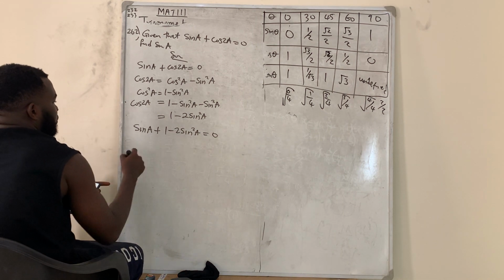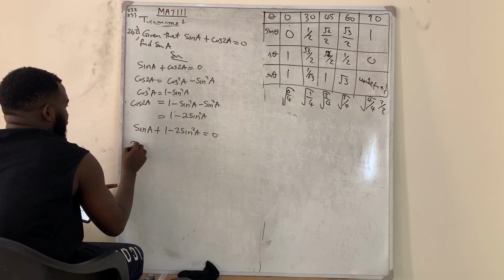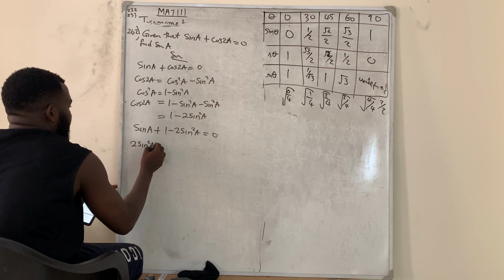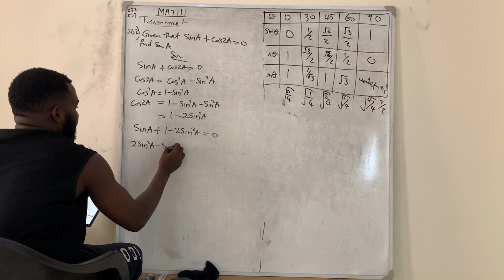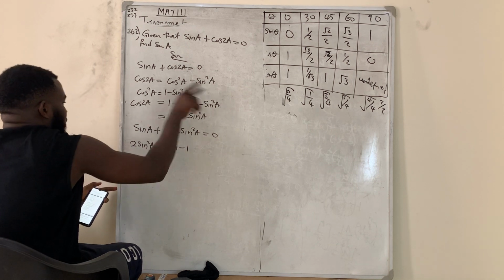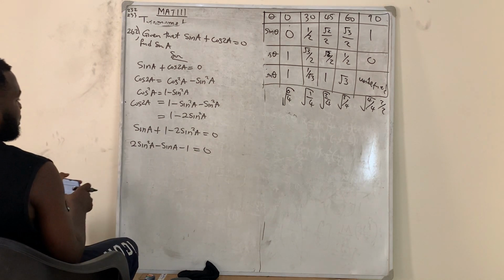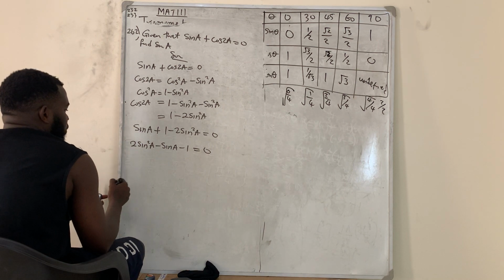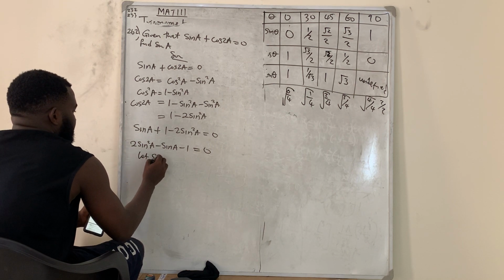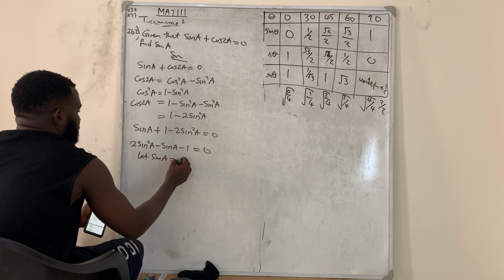If you arrange it very well, moving everybody to this side, I'm going to have 2 sine squared A minus sine A, then minus 1 is equal to 0. Okay, so now this is a quadratic equation. So I'll say let sine A be equal to Y.